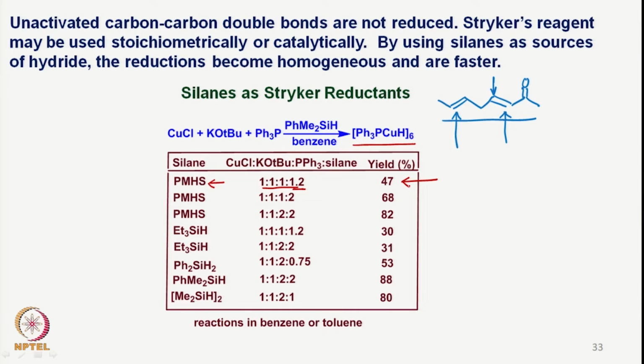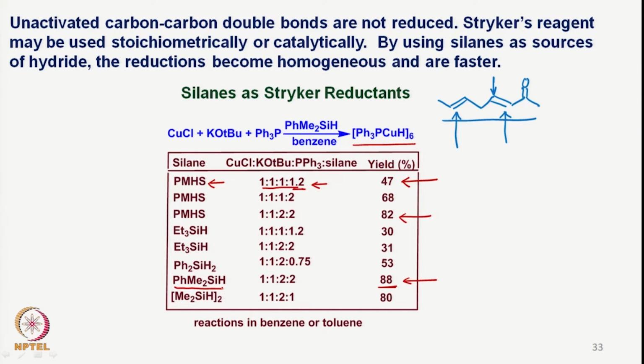So if you have PMHS in this ratio of different reagents, then you get 47%, and you see the best one is when we have 1:1:2:2 as ratios, then you get 82% yield, and one can also see that you can get 88% when you use dimethyl phenyl silane.